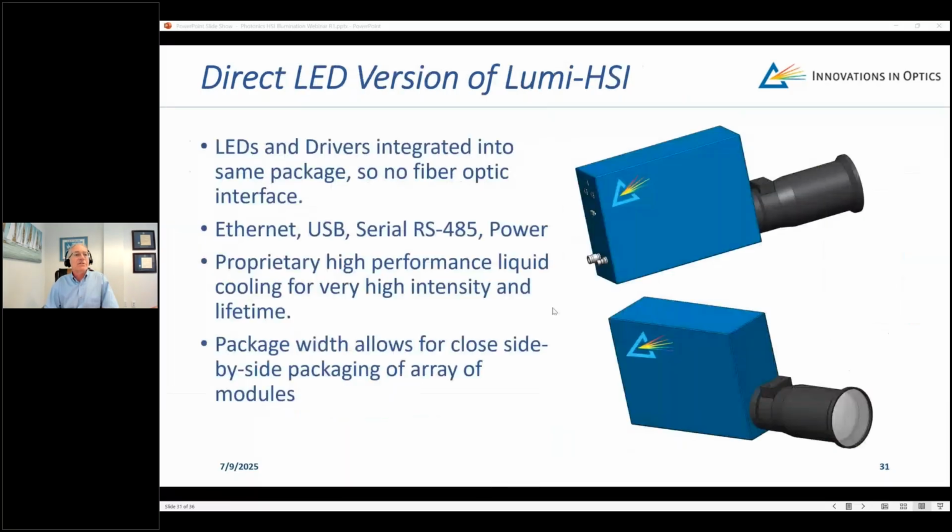So the other version of this system would be the direct LED system that has essentially the same lens, but the LEDs and a tapered optic that would have the same aspect ratio as the fibers are located in this box with a liquid cooling that is based on a system that we developed for our high power illuminators that are in the ultraviolet range for maskless lithography and 3D printing.